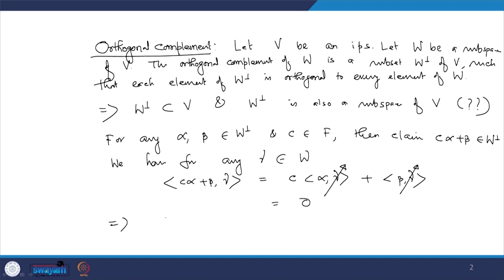So, this implies c alpha plus beta also belongs to W complement. So, we see that the orthogonal complement of the subspace W is also a subspace of the vector space V.